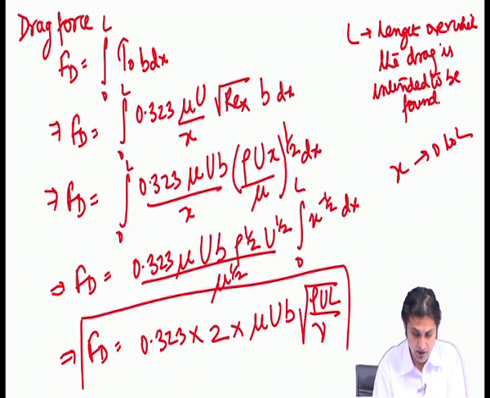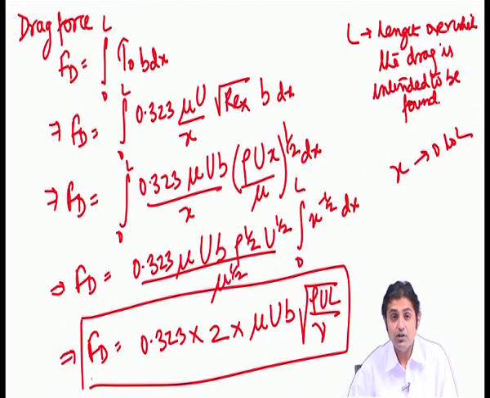So this is the drag force. More importantly, it is the way that it has to be found. In your questions, you will mostly be given an objective question. If you know the way to find it out, it will not be such a tedious calculation.